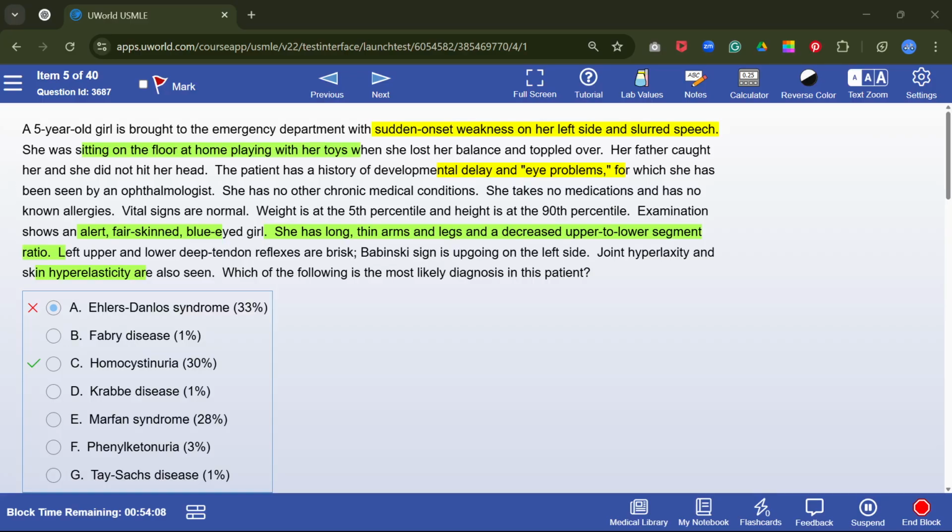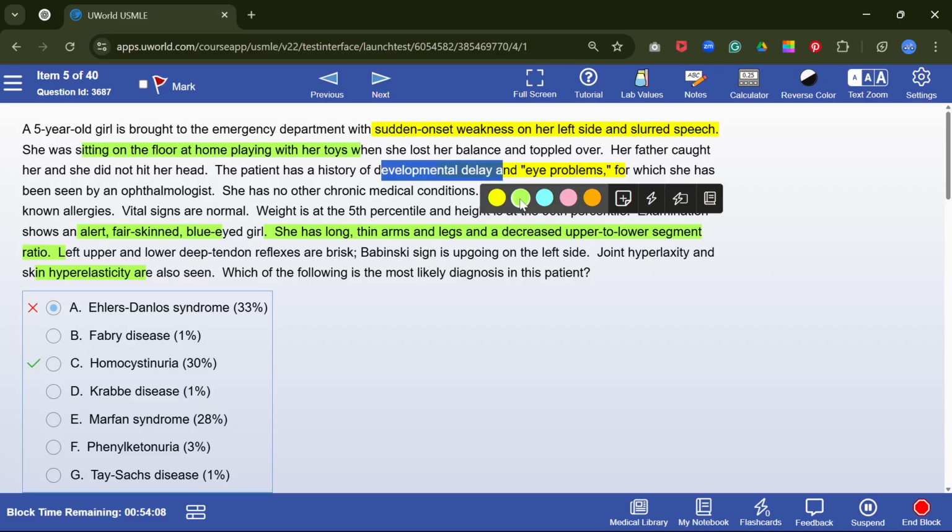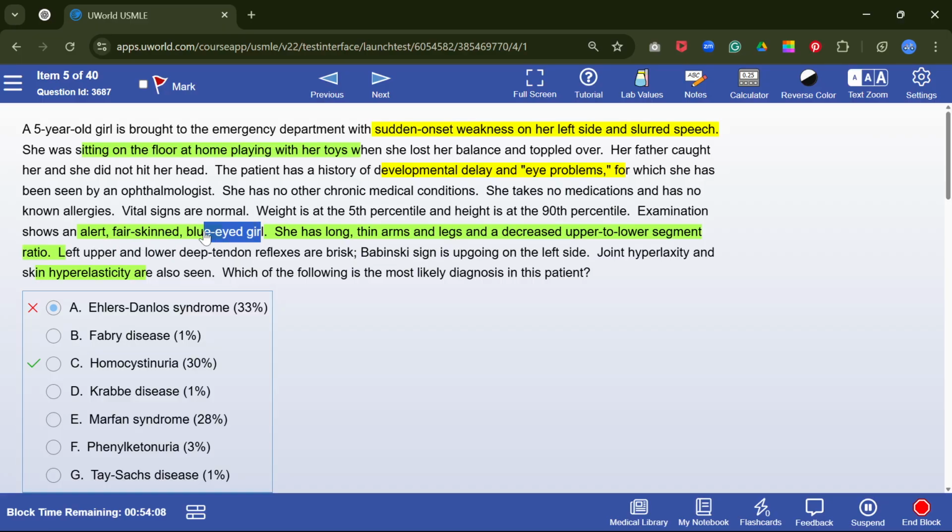She was sitting on the floor at home playing with her toys when she lost her balance and toppled over. Her father caught her. There is a history of developmental delay and an eye problem. She has fair skin and blue eyes.